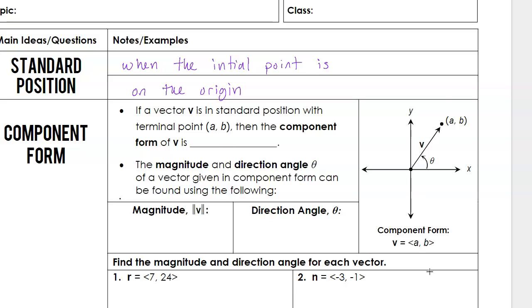As we can see in this little diagram right here, this vector is in standard position because its starting point is on the origin.